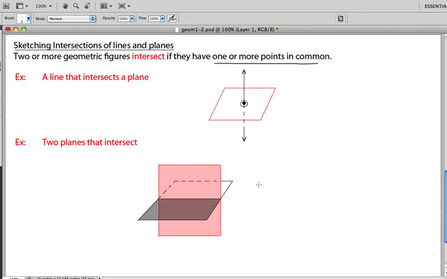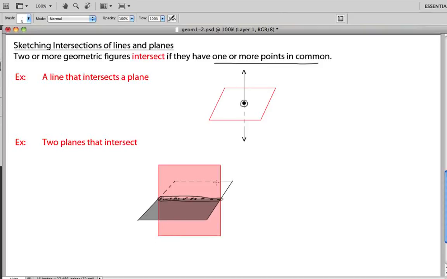Next we have two planes that intersect. We have this red plane and this plane that's coming out. Again, you could see that it's dotted for this piece that's behind the red plane. The intersection that they would have is right here. Now since the definition says that they have one or more points in common, there is an infinite number of points on this line segment right here.